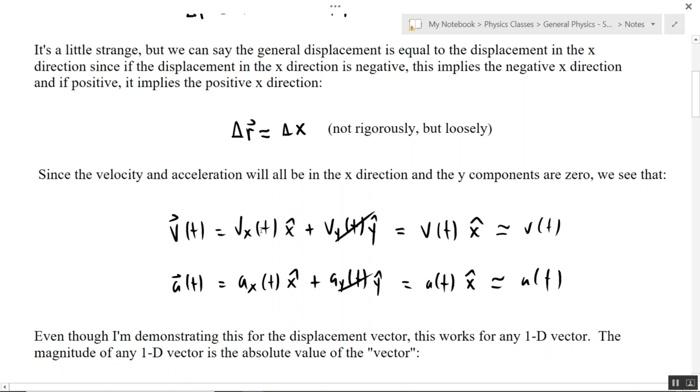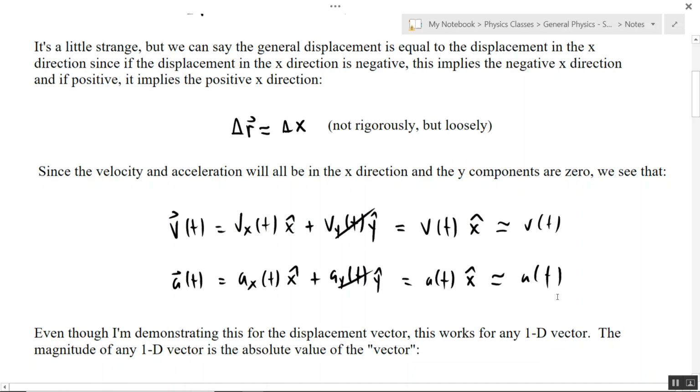So it's just v of t, because all of the velocity is in the x direction. There's no need for an x here. So we can write this as v of t instead of v of t x hat, because it's implied that it's going back and forth in the x direction. And the same thing for acceleration. You can just write it as a of t.